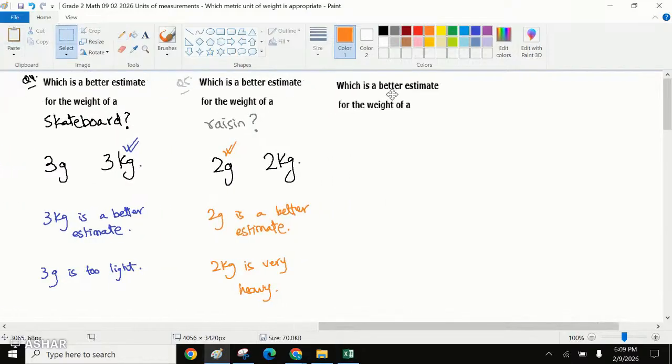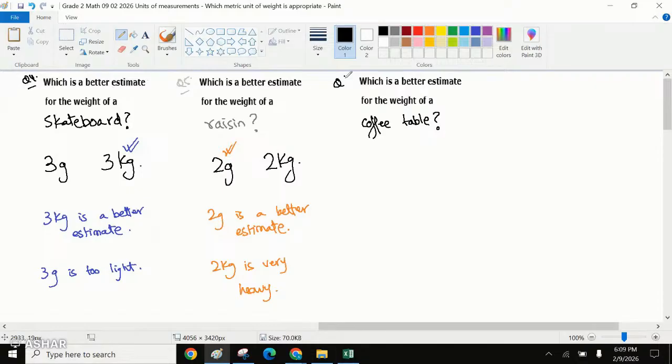Which is a better estimate for the weight of a coffee table? Question number 6. Can a coffee table be 12 kilograms or 12 grams? I'm just writing g for grams, okay? This is grams.